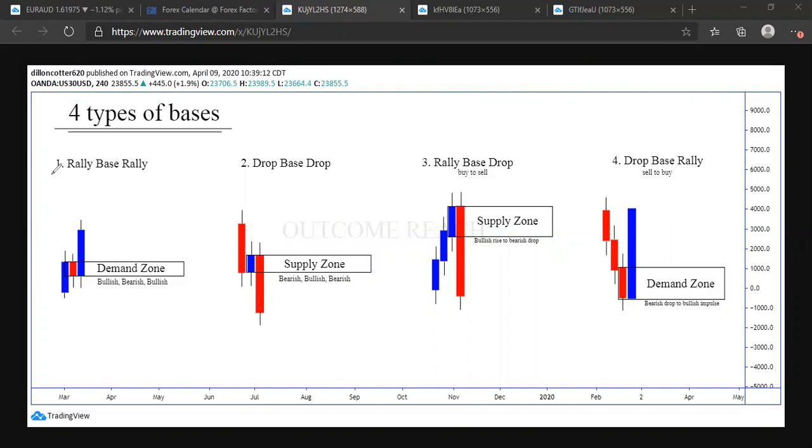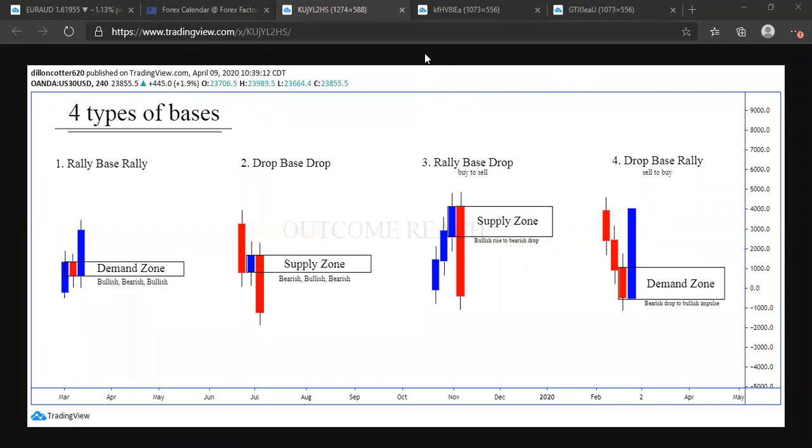So for number 1 here, you're going to want to be buying. And we'll get into the deeper of why you should be buying and selling on these. But number 2, you should be selling. Number 3 is also you should be looking for sells. And number 4, we will be looking for buying in demand zones, right?